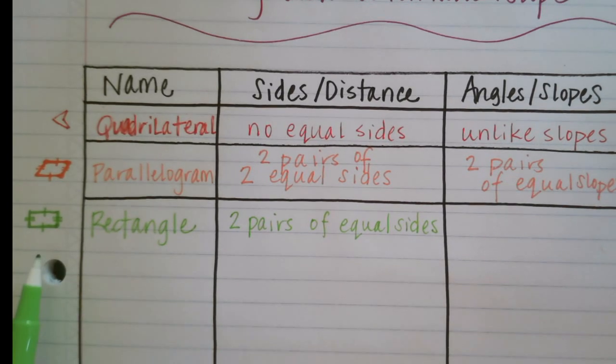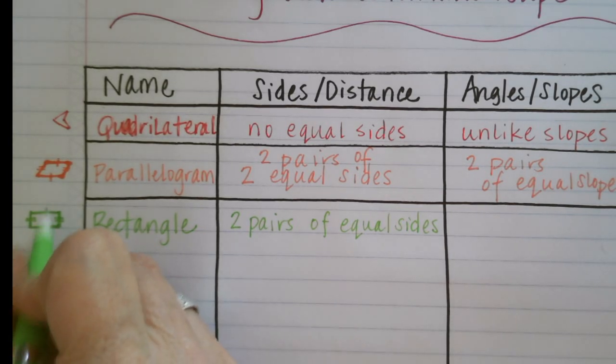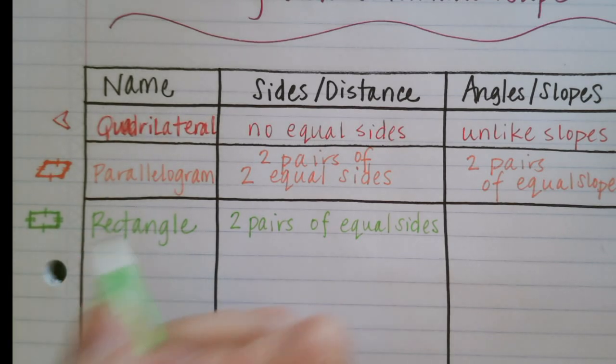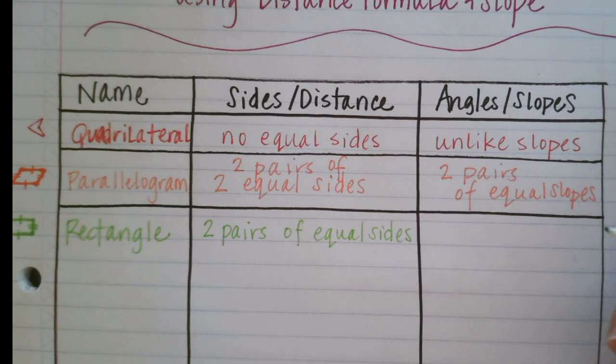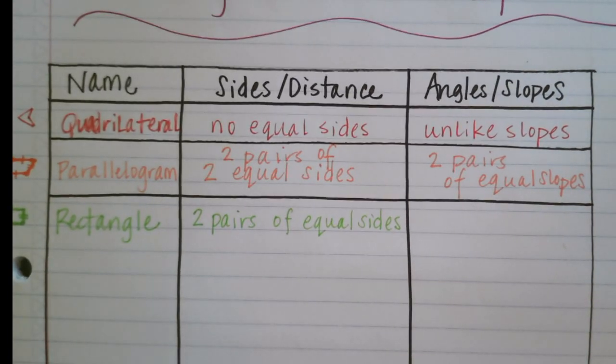Okay, the other thing that happens with a rectangle is the top is parallel to the bottom and the left side is parallel to the right side. But not only that, the top and bottom are perpendicular to the right and left sides. So we need two pairs of equal slopes that are also perpendicular.